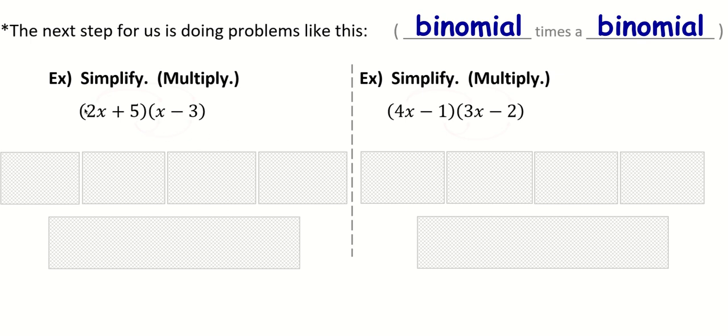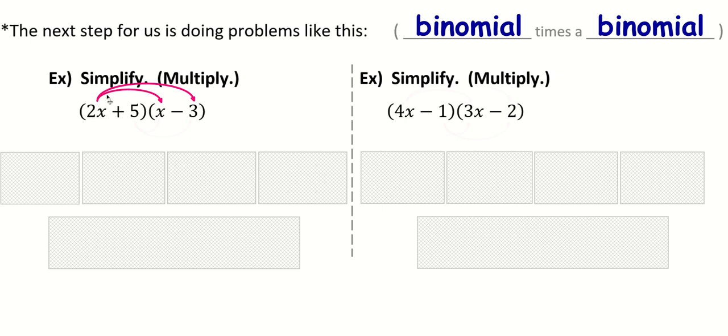Or if there was only a 2x out in front being multiplied to the x minus 3, you would distribute the 2x. Well, guess what? Both of them are out in front being multiplied to the x minus 3.